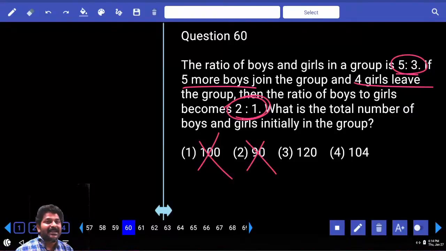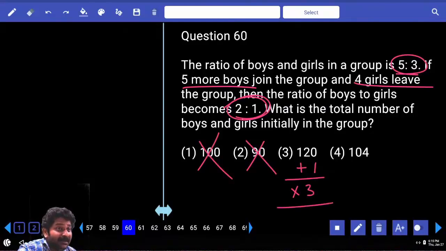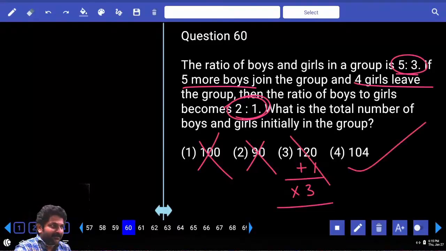That means if you add 1 member to the initial group, the value must be a multiple of 3. To the third option, if you add 1, does it become a multiple of 3? Then the fourth is the final answer. You don't have to verify it. Out of 4 options, 3 are already eliminated.